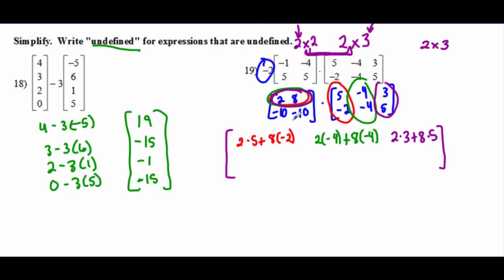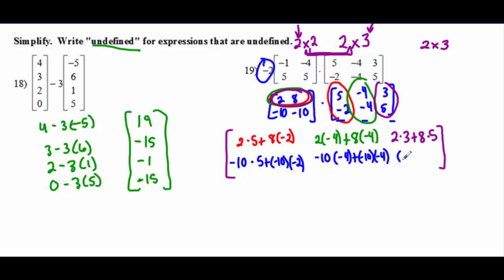So I'm going to use -10, -10 with each of these columns, just like what I did before. So -10 times 5 plus -10 times -2. Then I'm going to do -10 times -4 plus -10 times -4.